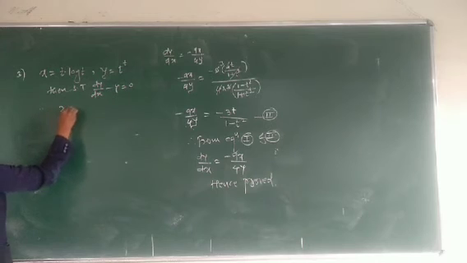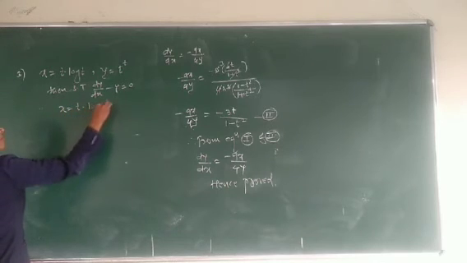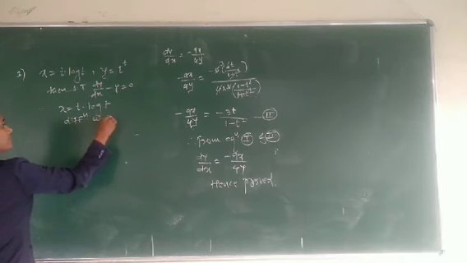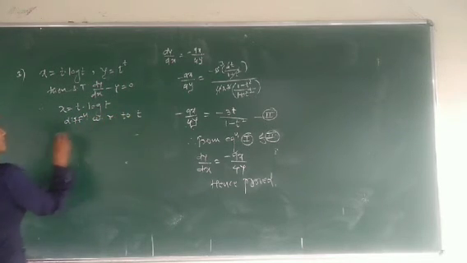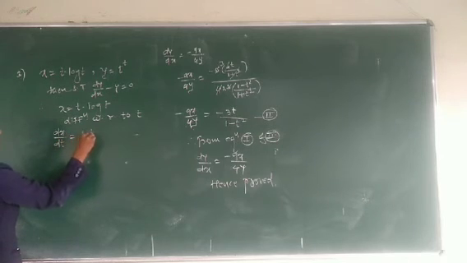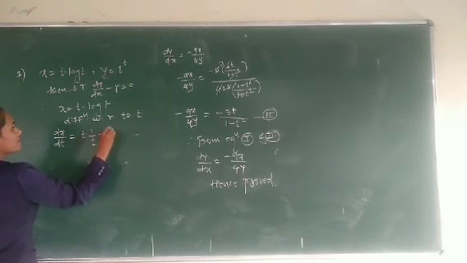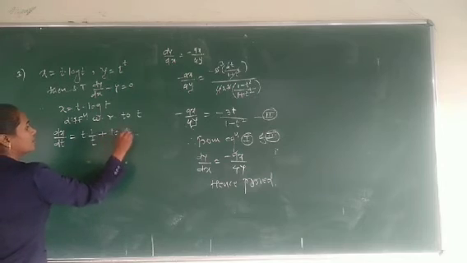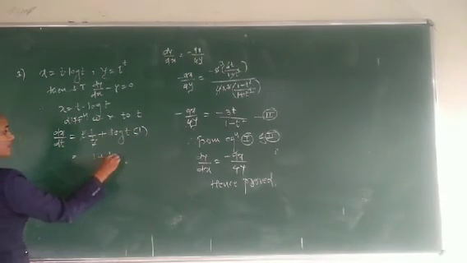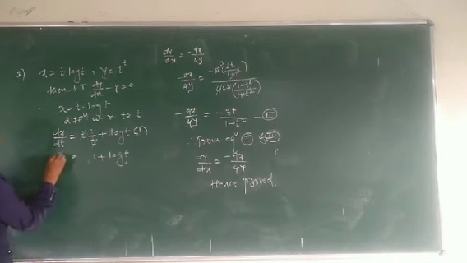So to differentiate x, differentiate with respect to t. So derivative of x, dx upon dt is equal to t into 1 upon t plus log t into derivative of t is 1. So dt will get cancelled. 1 plus log t. That is value of dx upon dt.